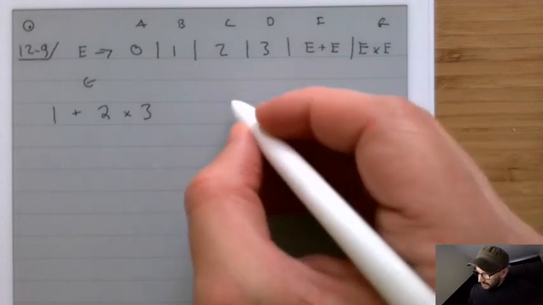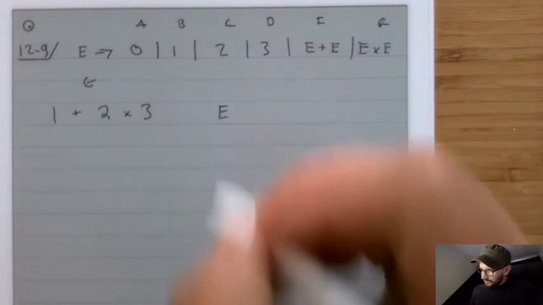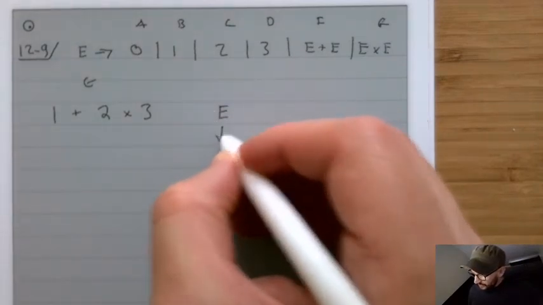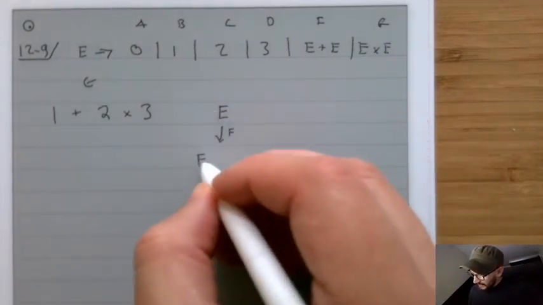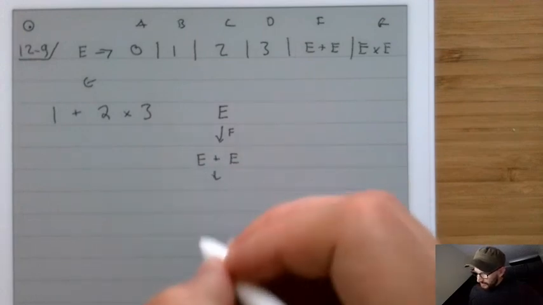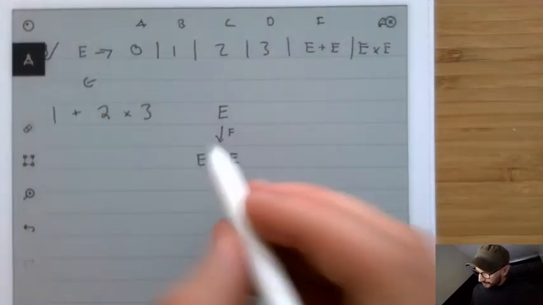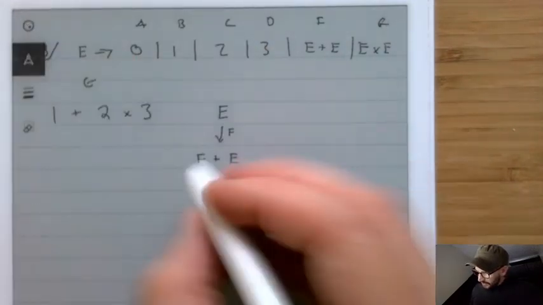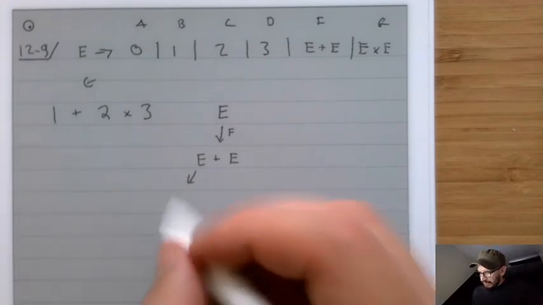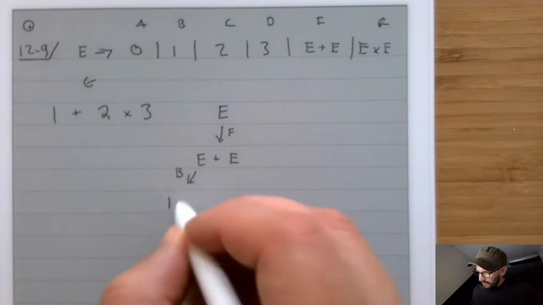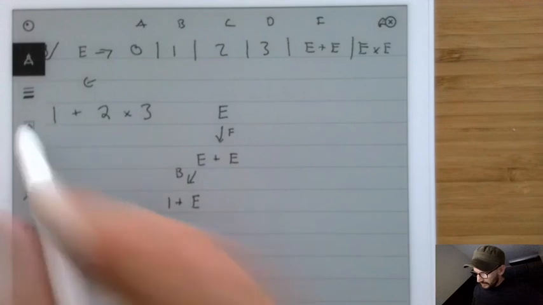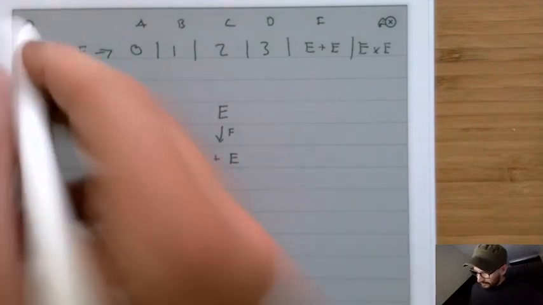So we'll start off with our start symbol E. Once we start with our start symbol E, let's use the F transition and get to E plus E. Then we'll use the B transition, and we'll get 1 plus E. Let's just write the 1 right there.